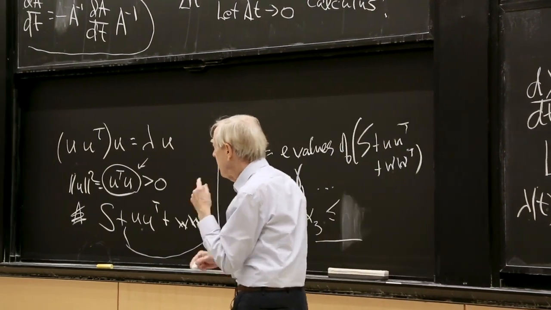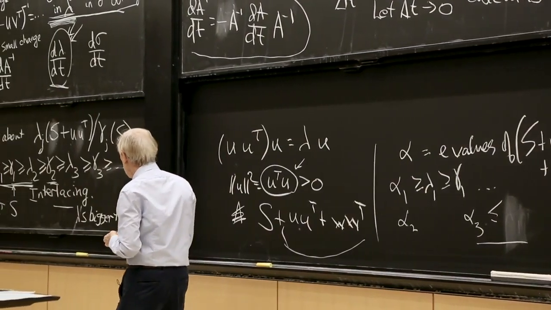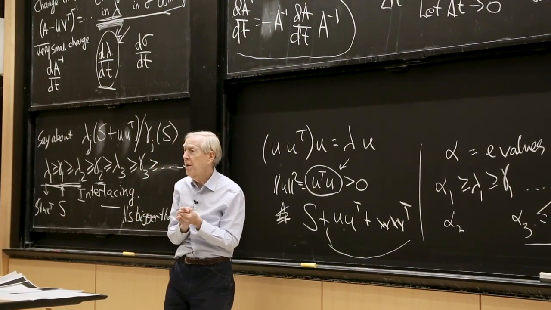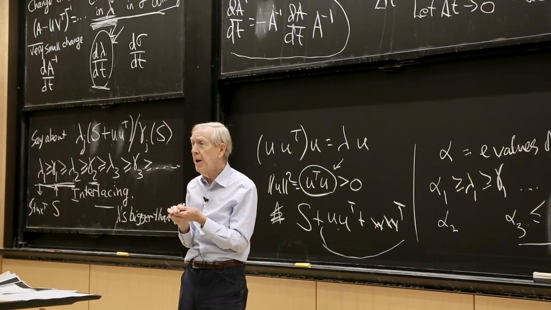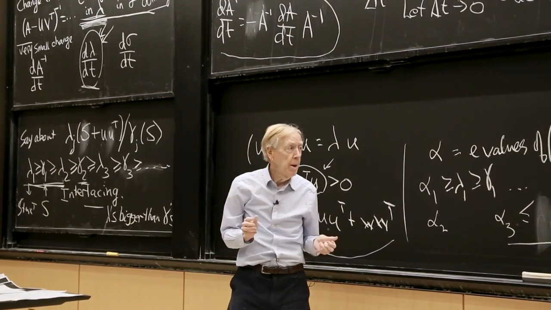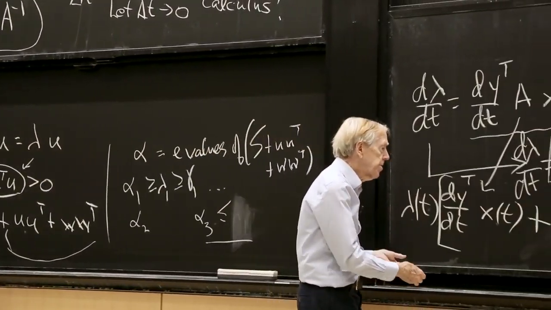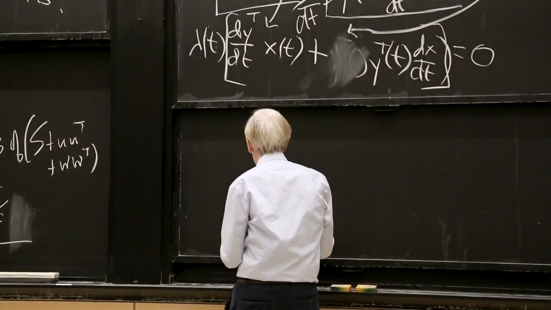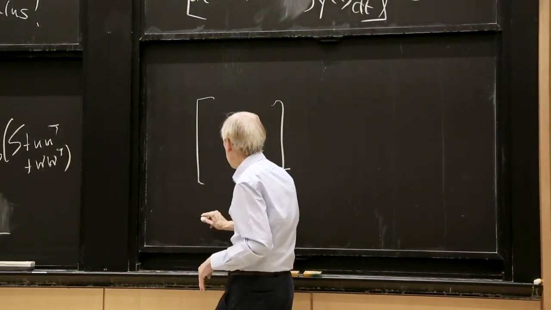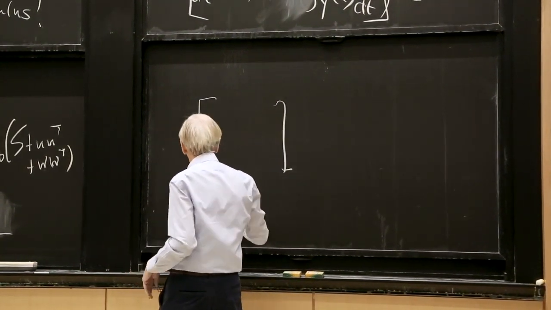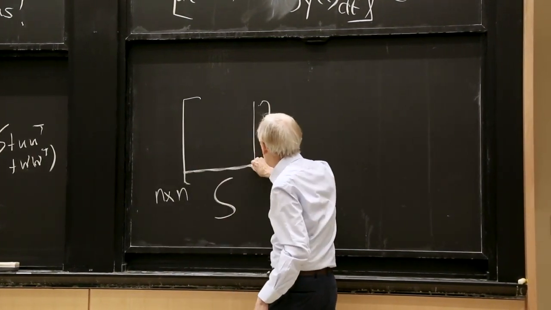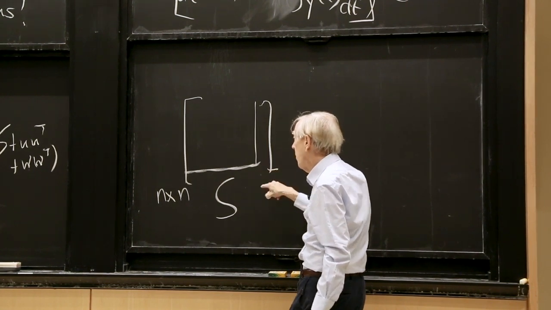Now, there is a little matter of why this is true. This is the good case. Let me give you another example of interlacing that's just striking. I have a symmetric matrix, n by n, call it S, and then I throw away the last row and column.